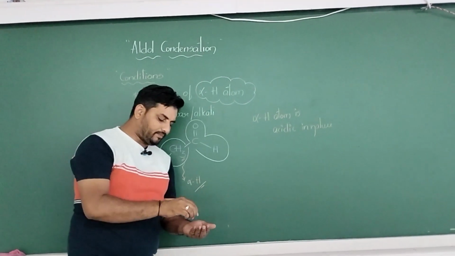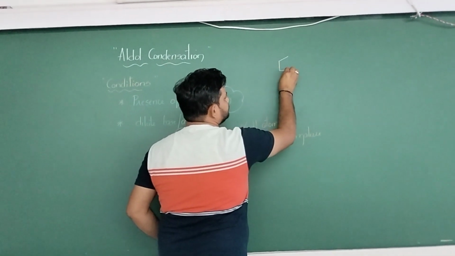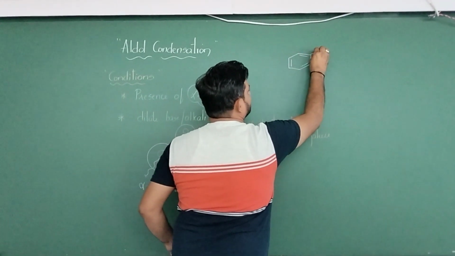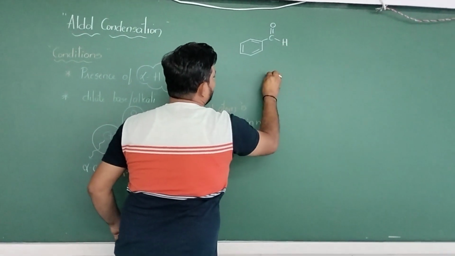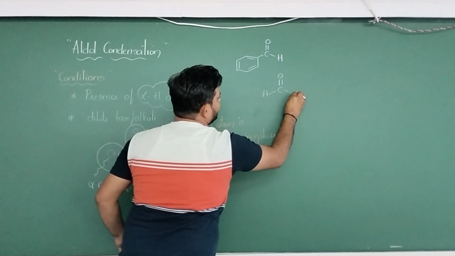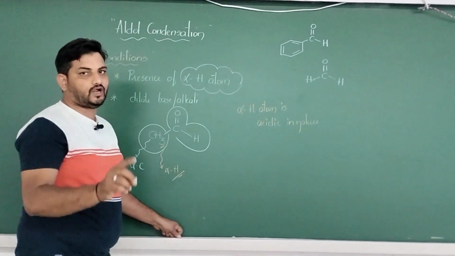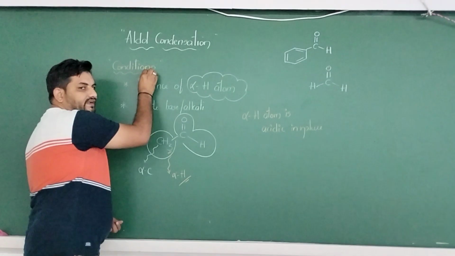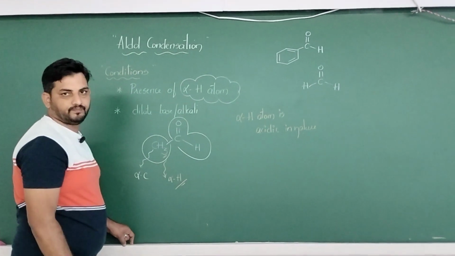Now in some of the examinations, you will be given an example of benzaldehyde, or you may be given an example of formaldehyde, and you are asked to think whether they undergo aldol condensation or not. For that, just look into the conditions that I have mentioned. The first being the presence of an alpha hydrogen atom.